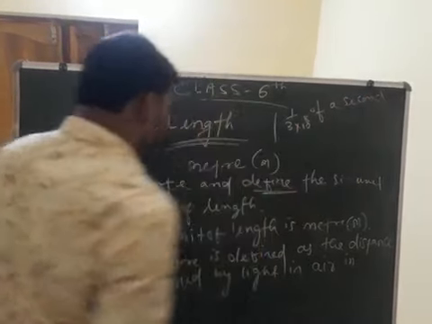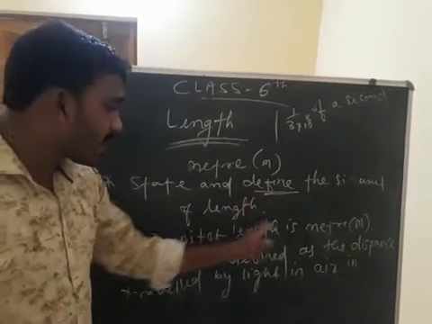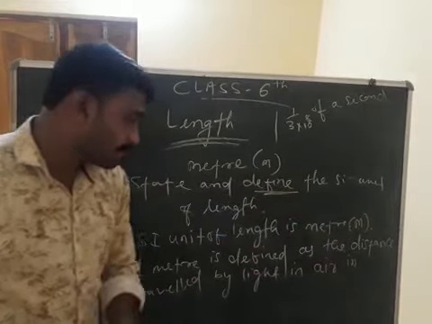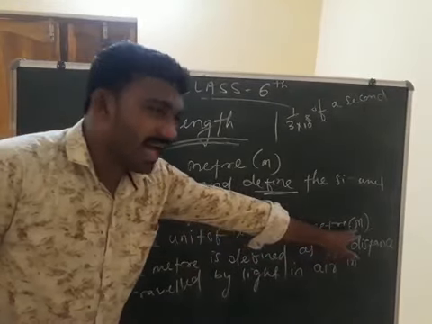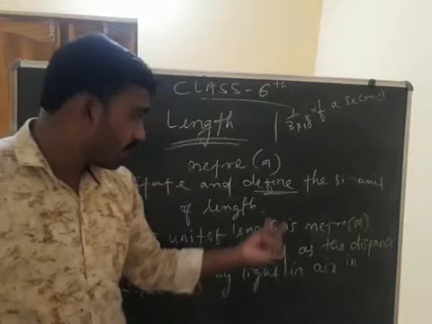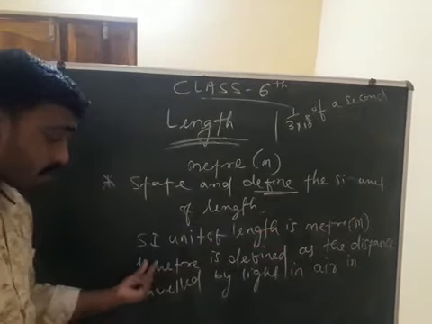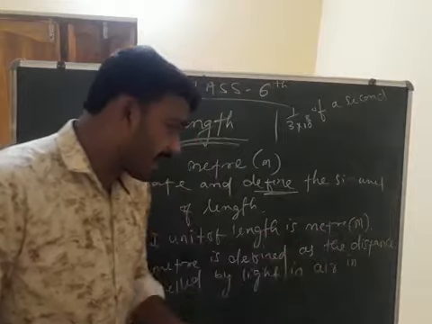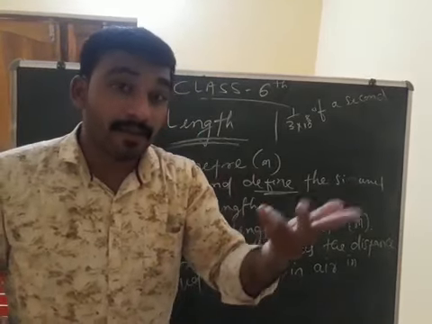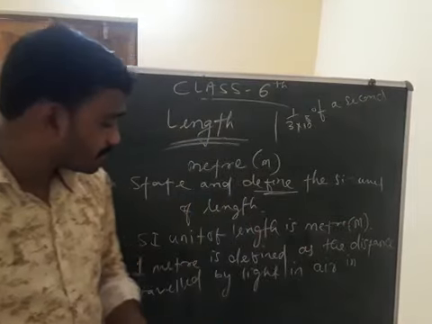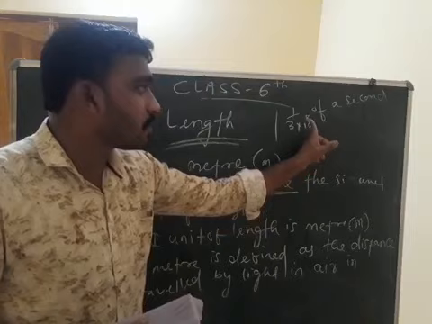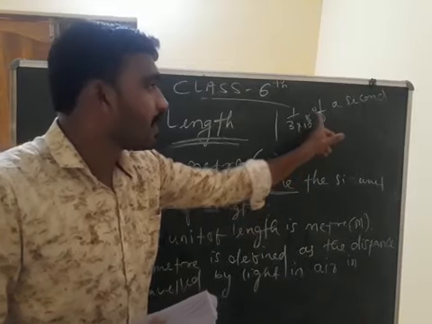So, state and define the SI unit of length. The SI unit of length is meter, you can write m also. Another one, 1 meter is defined as the distance traveled by the light in air in 1 by 3 into 10 to the power 8 of a second.